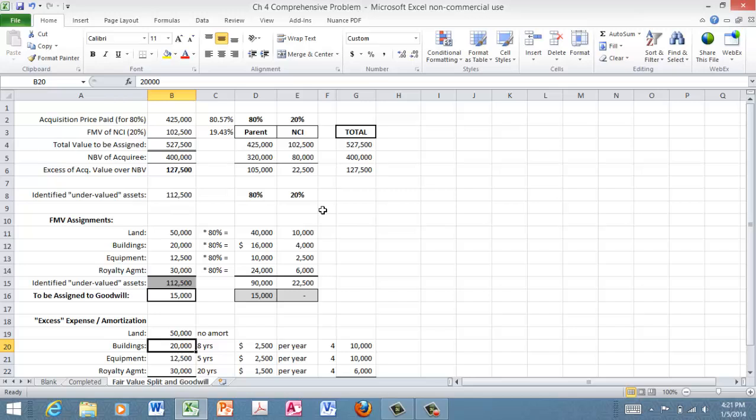The reason I know that, and you should know this too, is they're giving you the trial balance data as of December 31st, 2013, when in fact they bought the 80% share of the company in 2009. So they've gone through time, and the balance in the investment account is the same balance as what they paid when they bought the 80%, which is $425,000.